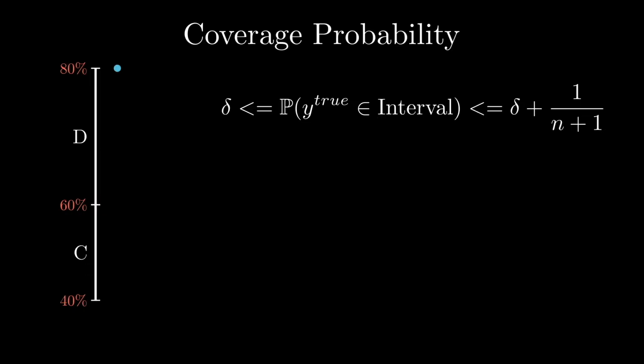But now I will show that we can provide an upper bound that is closer to the lower one, making our relation more precise. As we just discussed, adding 1 over n plus 1 to the requested delta is based on the scenario where delta is only slightly above one of the intrinsic confidence levels we have.